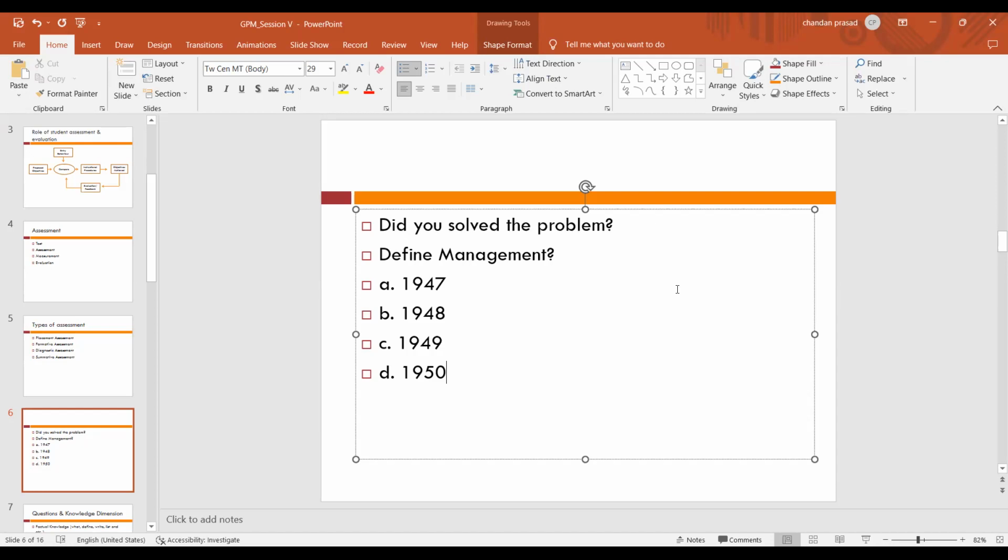Suppose I want to include an MCQ in a question paper, or in the mid test, or after the unit, to test the knowledge of the student. How you construct the MCQs is very, very important.